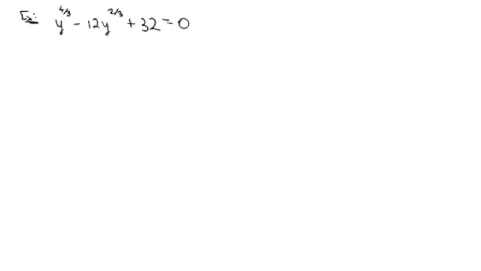So y to the 4/3 minus 12y to the 2/3 plus 32 is equal to 0. Remember what I said about those variables getting ugly? They're ugly.